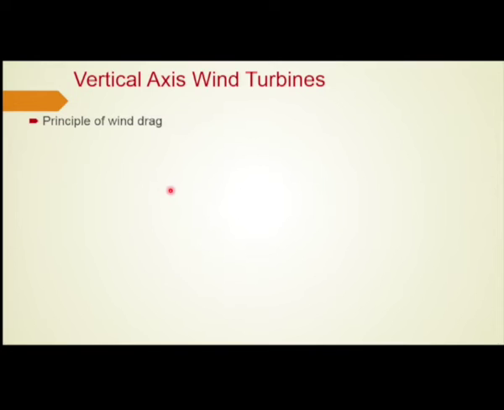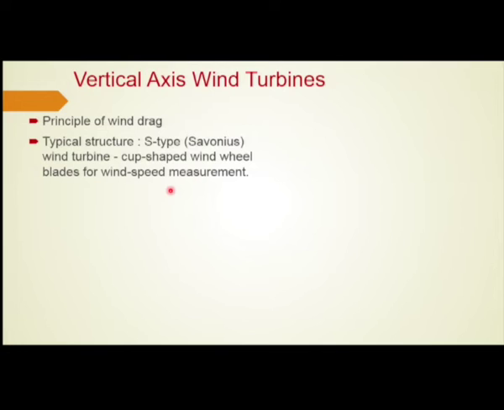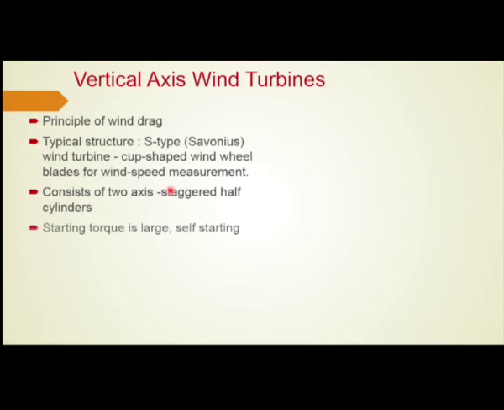Vertical axis wind turbines have different types. The first one is based on wind drag. The wind drag principle is used to design it. Its structure is S type, that is the Savonius wind turbine. They are cup shaped wind wheel blades, as used for wind speed measurement. It consists of two axis staggered half cylinders.